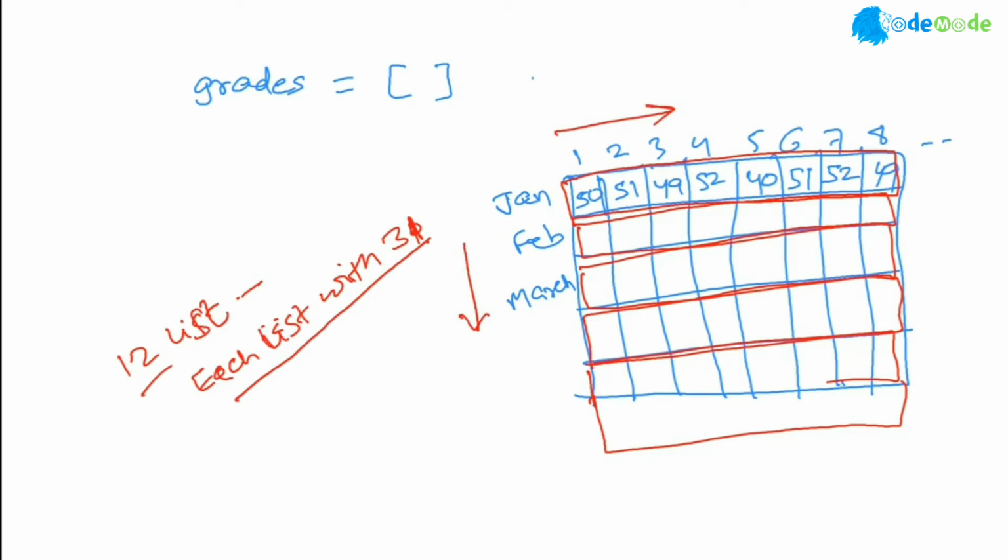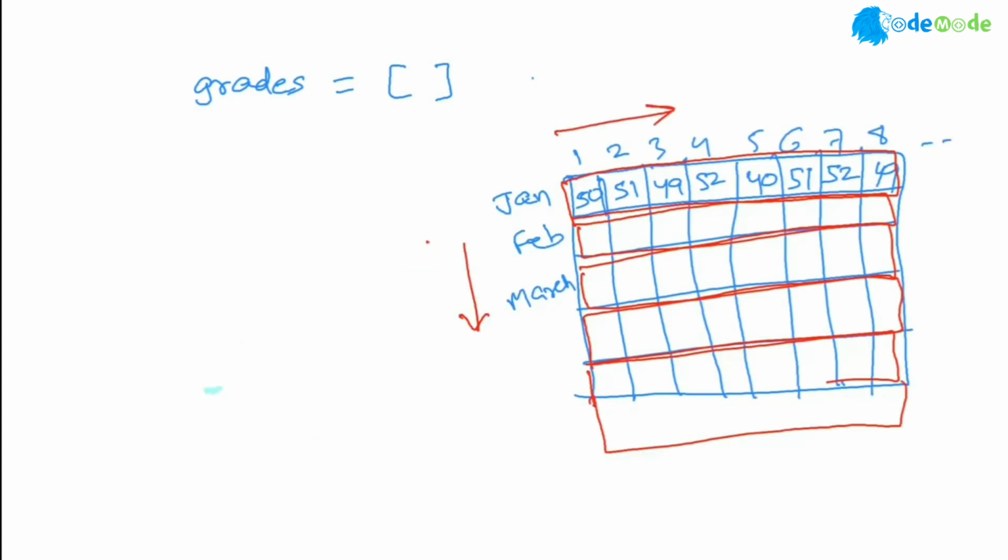So you create a list where you will say, suppose a temperature, let me erase this. Okay. So let's say I create temp equal to, I'll create a big list like this.